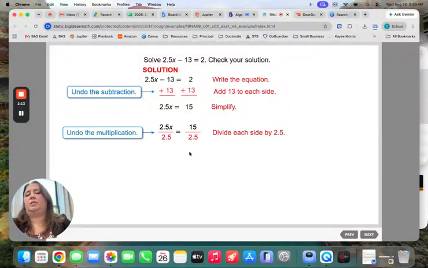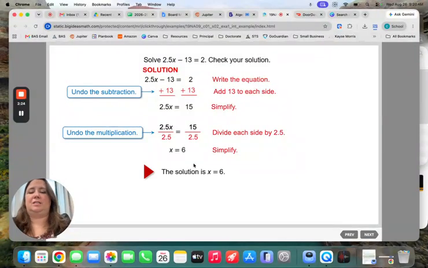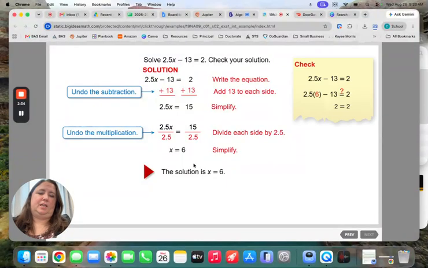We're going to divide both sides by 2.5. 15 divided by 2.5 equals 6. So x equals 6. Circle it. Any questions on how we did that? Not too bad, right? If you ever want to check it, you just grab that 6, throw it where the x is, and see, does the left side equal the right side?